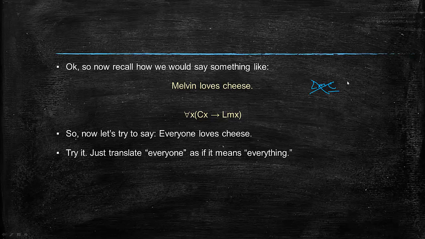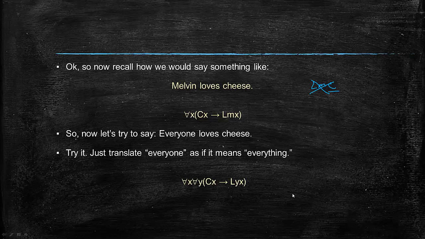So how would we do that? It's going to have a similar structure, but we're going to introduce another quantifier, just as we've been doing before. So everyone loves cheese will be stated in this way. For all x and for all y, if x is cheese, then y loves x.